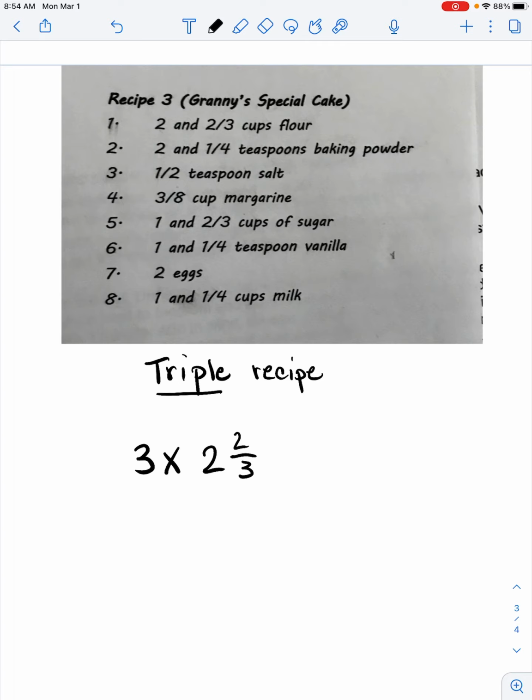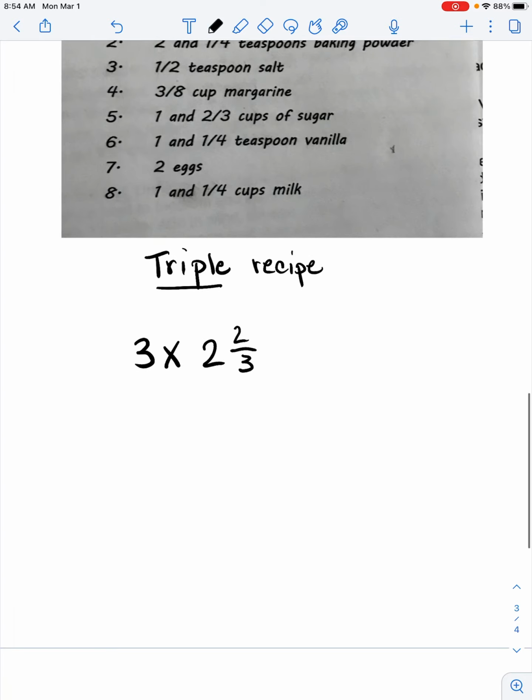Okay, now I know that 2 2/3 is 2 times 3 is 6, 7, 8/3. But here I have a whole number. What am I going to do? Hopefully you remember that when we have a whole number that we want to look like a fraction, we are going to put it over 1.